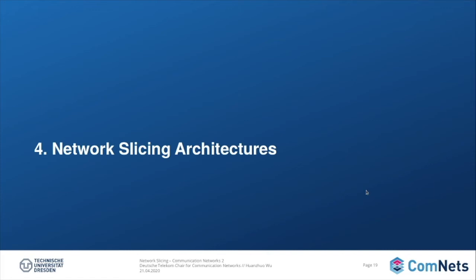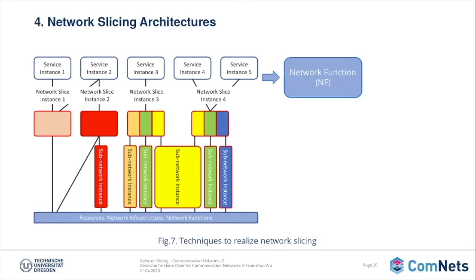Now, let's go to see the architectures of network slicing. The basic idea of network slicing is to slice the original network architecture. Here is the lower part, and slice this lower part in multiple logical and independent networks.